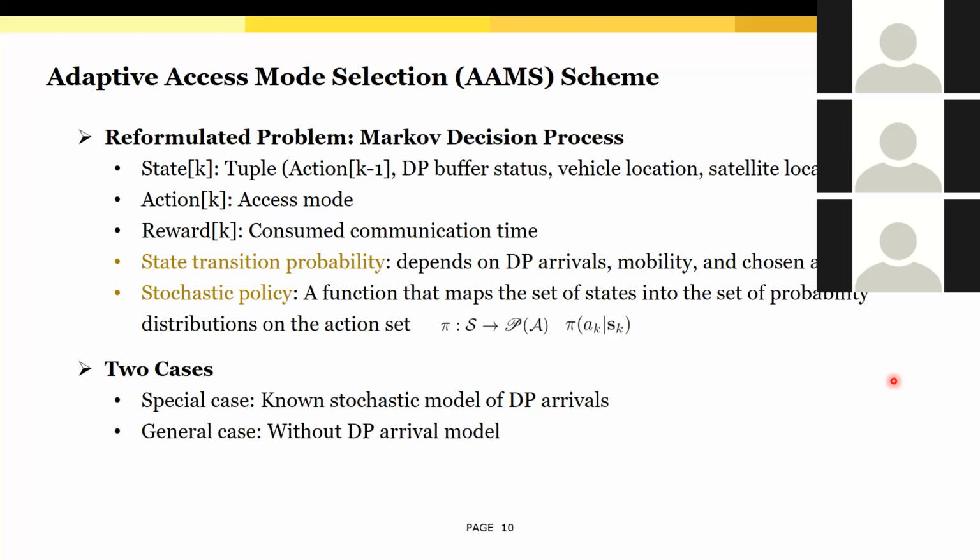So I think both of these two cases can be implemented, depending on the signaling overhead. But in the future, to deploy the proposed algorithm, the controller may be located at the base stations.